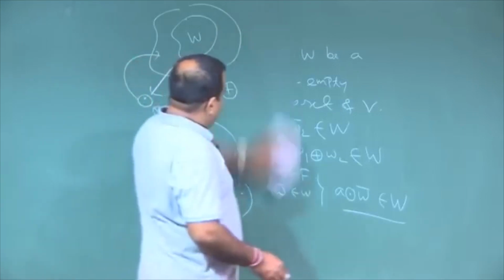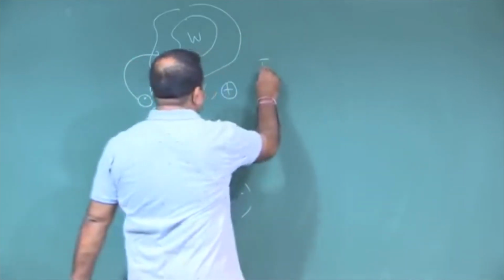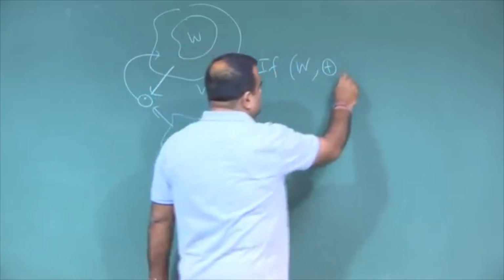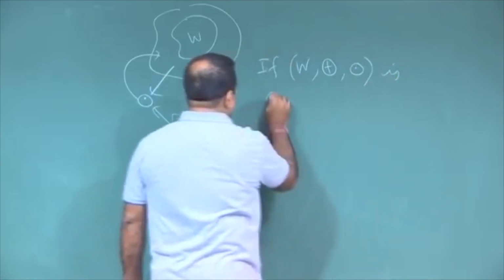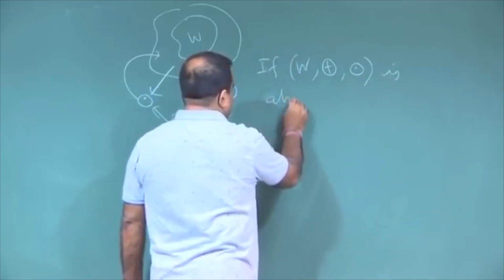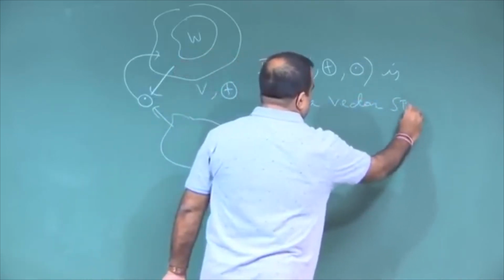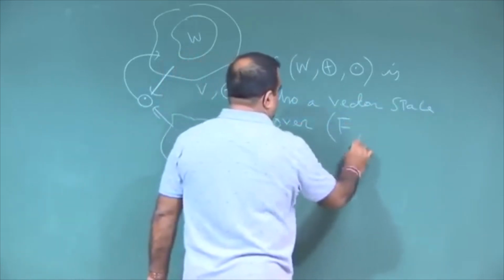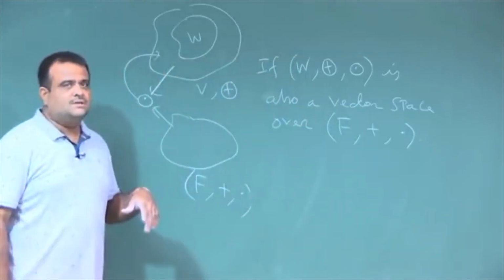So, if W is stable under these two, it is also a vector space over F.